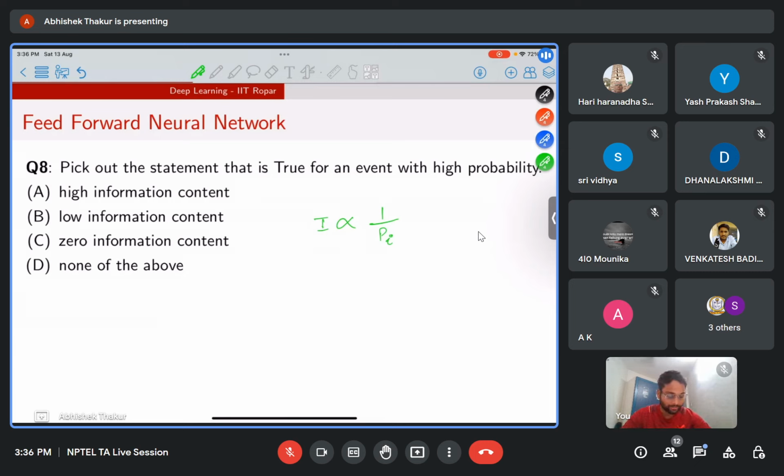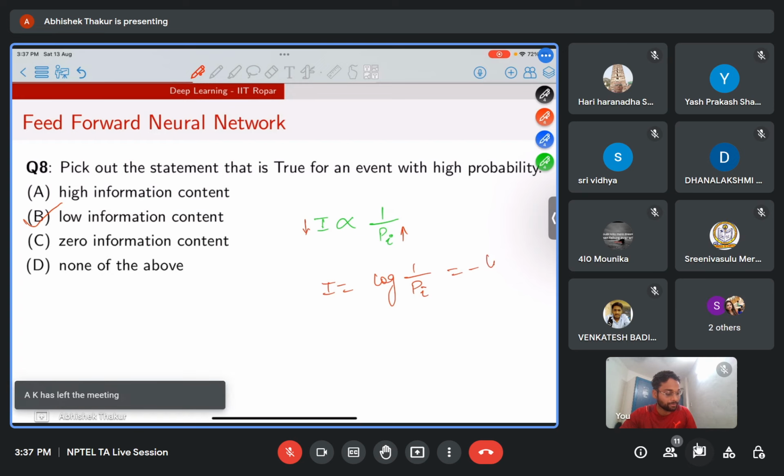So this is one relation between the information content and probability. In this question, it is asking which statement is true for an event with high probability. If probability is high, this means information content will be low. So which option is correct? Option B. And also the information content is equal to log of 1 by pi, you can write it as minus log pi.